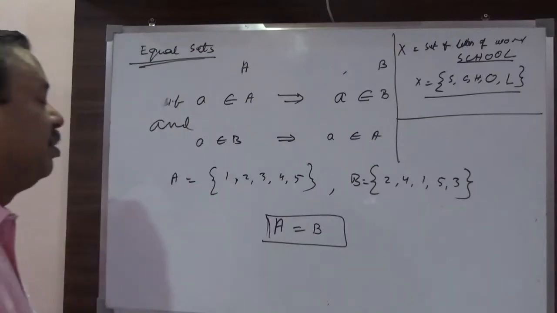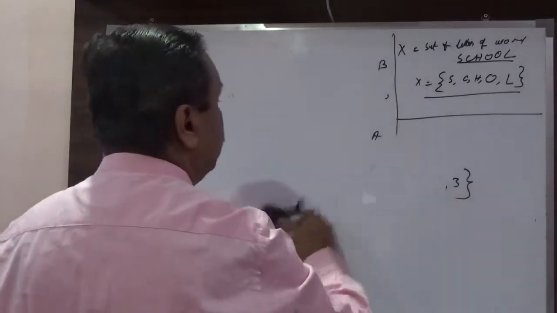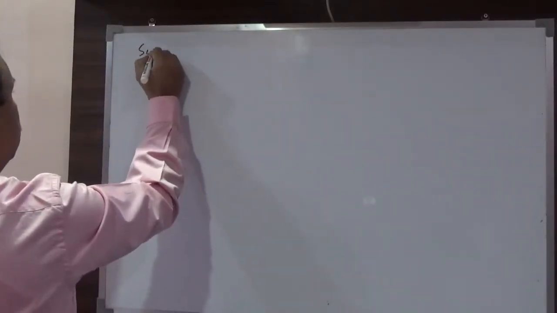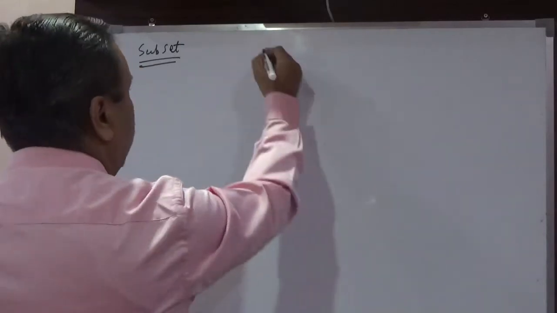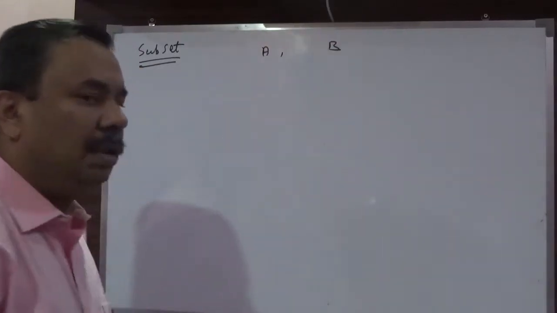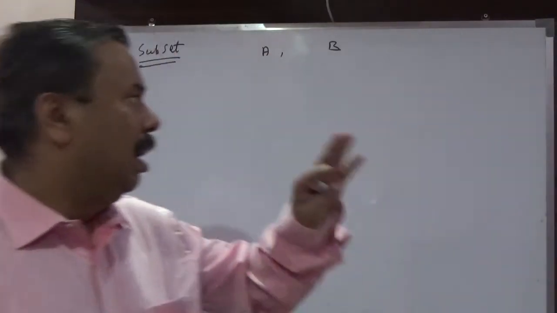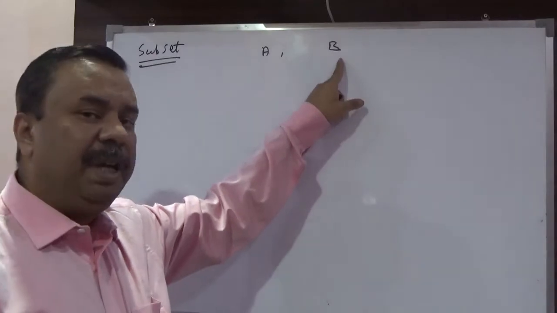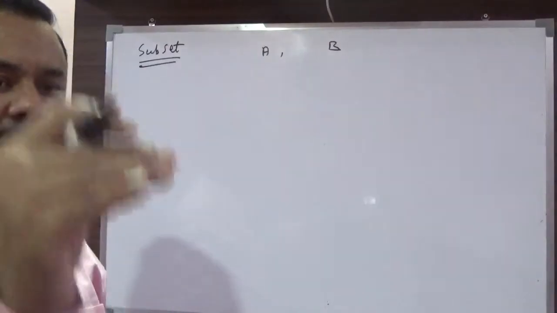Now what is a subset? Now we are coming to the main part of this theory, that is subset. Okay, what is a subset and how do we represent it? Suppose that there are 2 sets A and B. Earlier I took 2 conditions: an element in set A is an element of set B, and an element of set B is an element of set A. But in this case, I will drop one of the conditions.